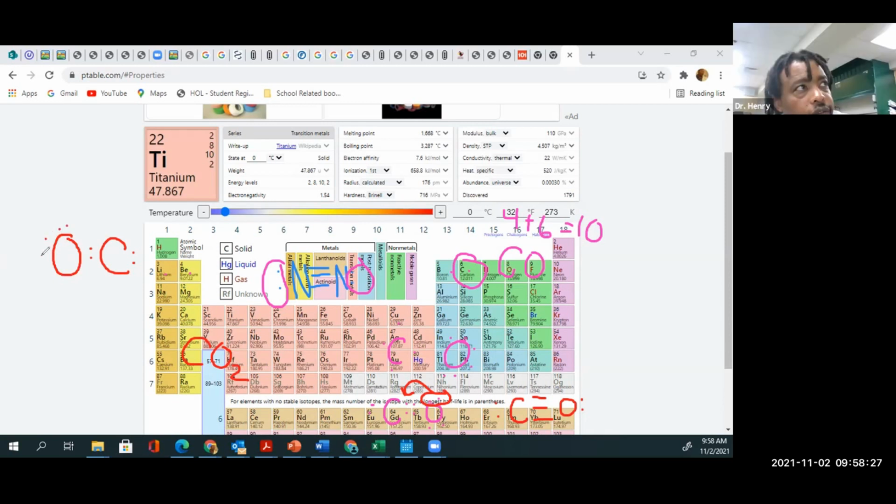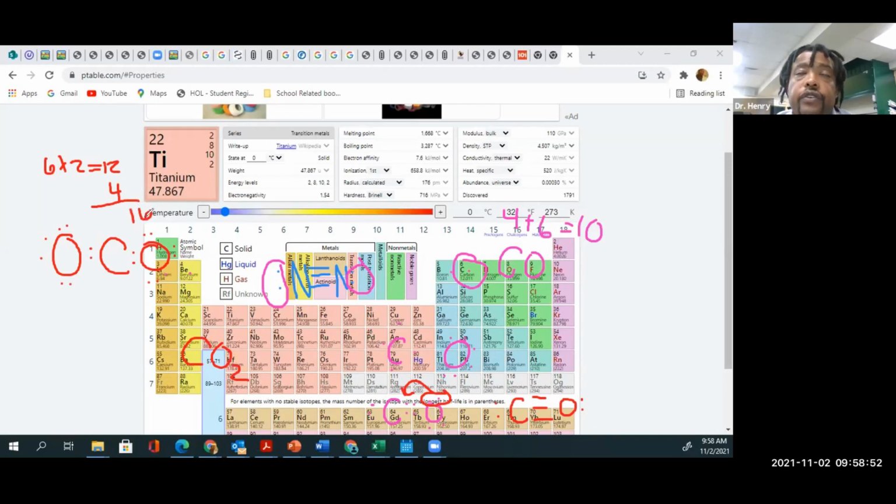And the other oxygen has the same. So we have 6 times 2, which is 12, plus 4. So we have a total of 16 electrons to work with.